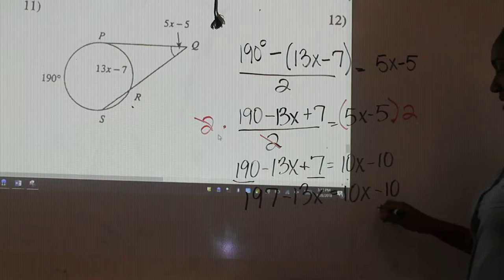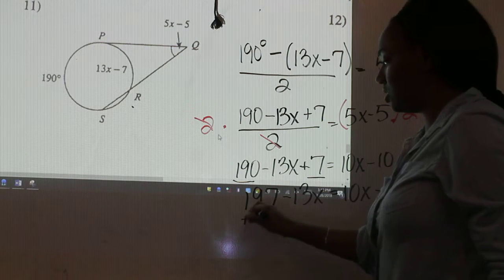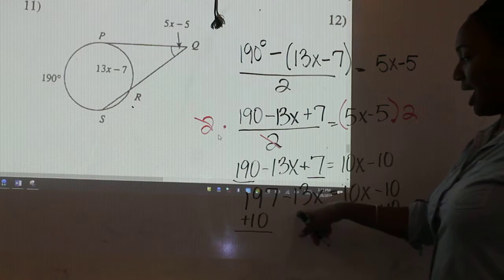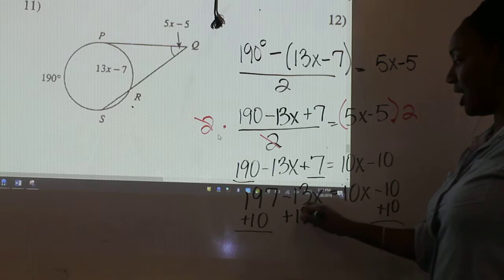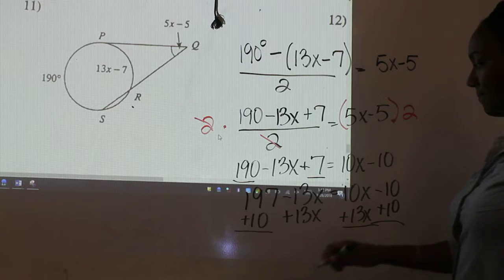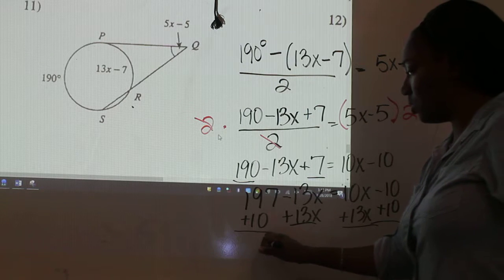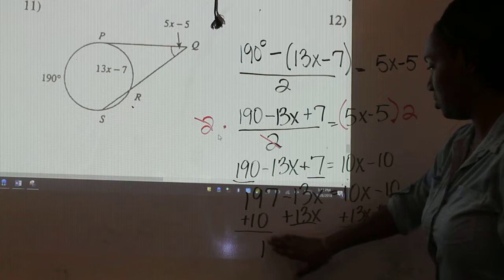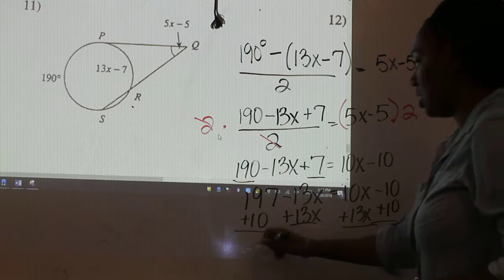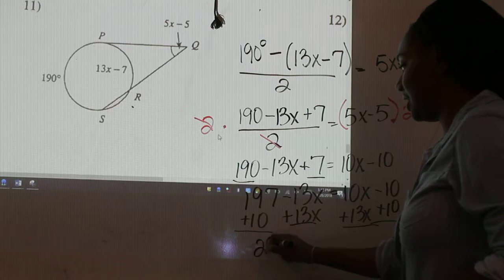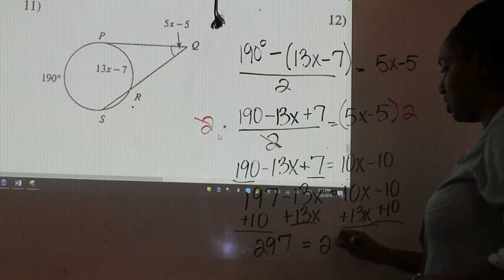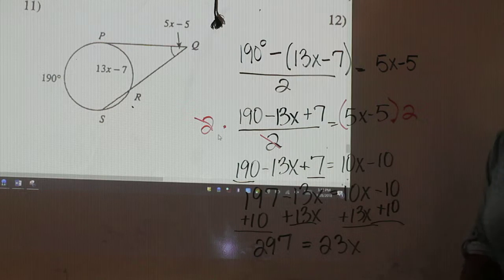I'm going to add 10 to both sides. I want to do this in one step. Add 13x with the 10. This becomes 100, nope. That's 297 is equal to 23x.